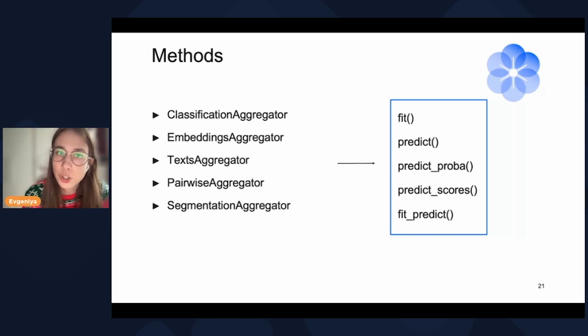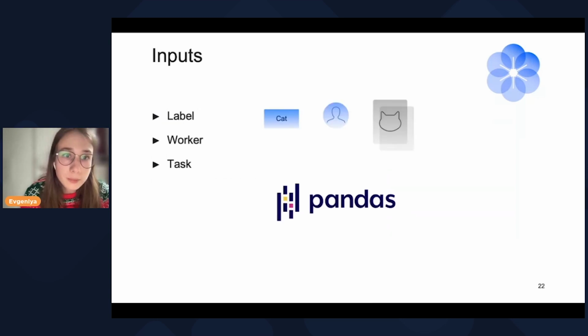You first perform an instantiation of your basic aggregator, and then you feed to it any type of crowdsourced data. CrowdKit is platform agnostic, and you receive the result. As an input, it also uses pandas, so it uses a very well-known library. You don't need to find out about some complex new data types that you have never seen in your life.